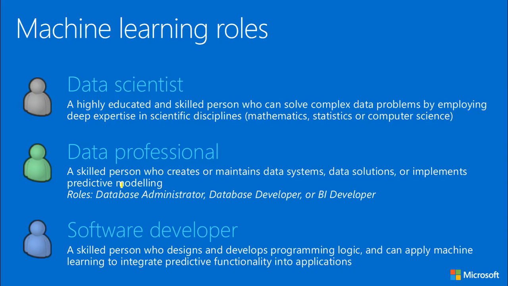A data professional is a person who manages or administers databases, or maybe a BI developer. The major roles are data systems, data solutions, implementing and predictive modeling. And a developer is a skilled person who writes the programming logic and can apply machine learning to integrate predictive functionality into the application. So these are the three basic roles you need to target when you are thinking about job roles.